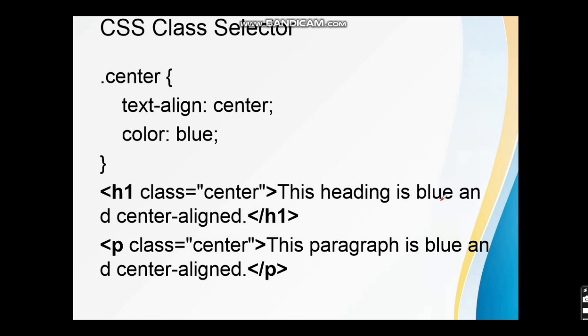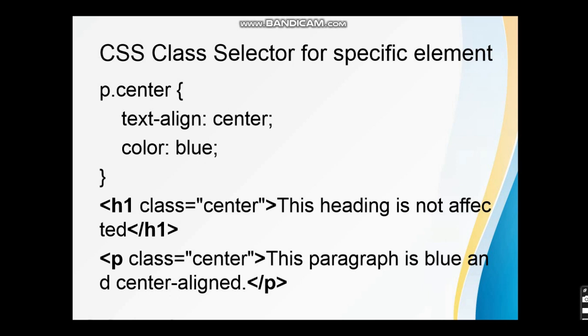This heading is blue and centered, since we are using the CSS class selector. Similarly, for the paragraph element, we are applying this class selector, so here we say class equals center. This paragraph is blue and centered. Wherever we make use of class equals center, that element will be formatted according to the defined rule. Is it okay to everyone?